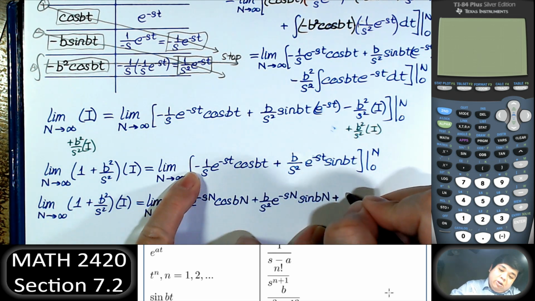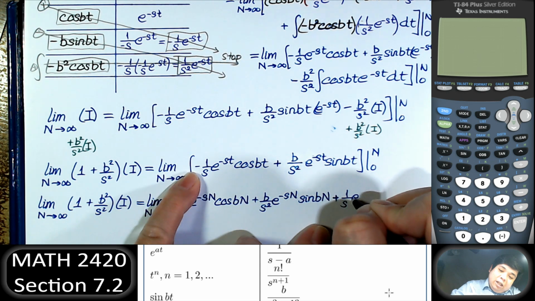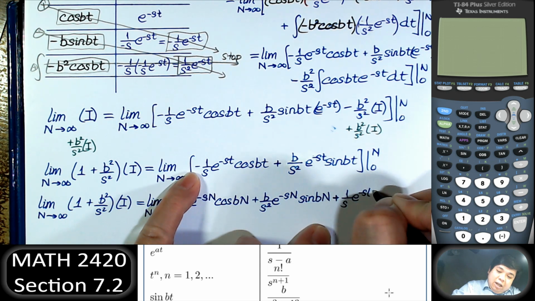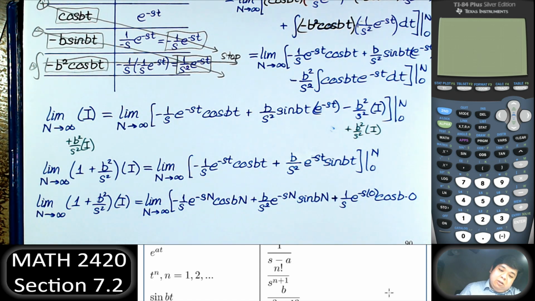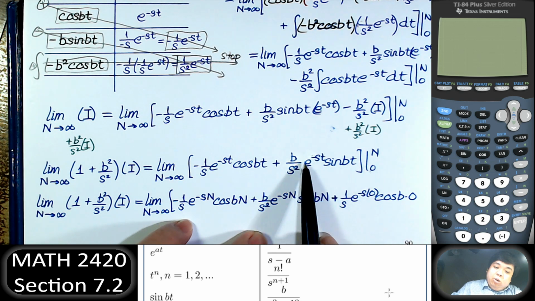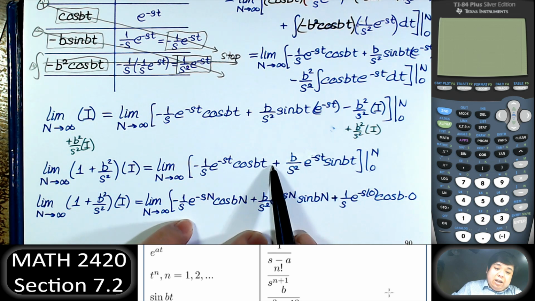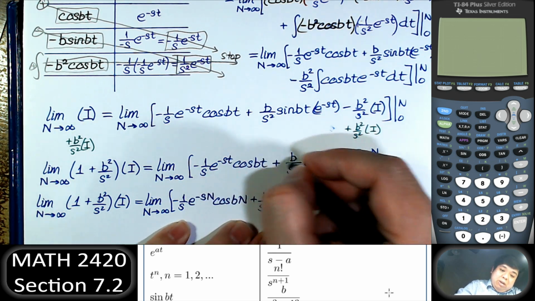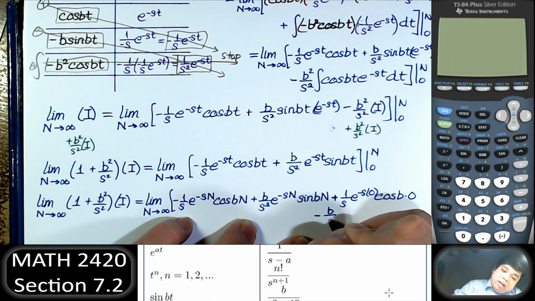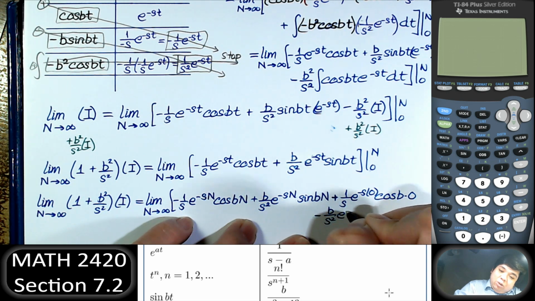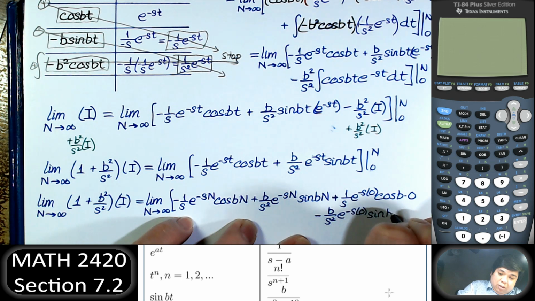Now put in 0: 1 over s e to negative s times 0 cosine b times 0. Now we put 0 in here, but again the lower limit we're going to subtract, so subtract b over s squared e to negative s times 0 sine b times 0.